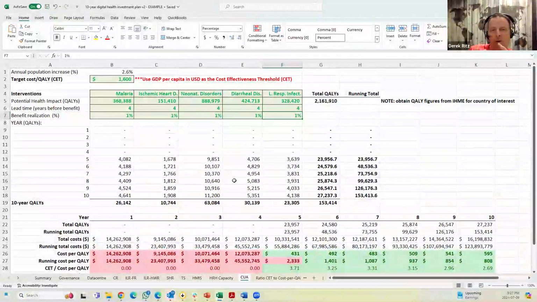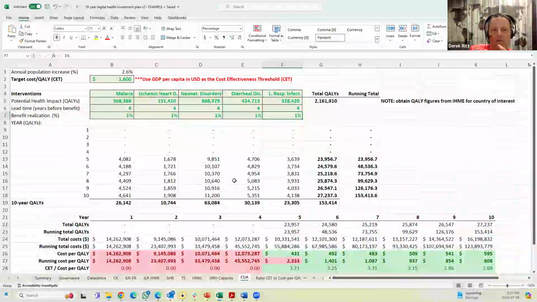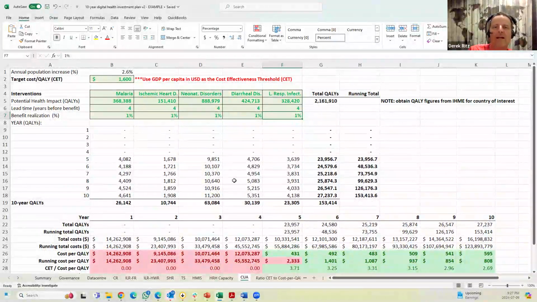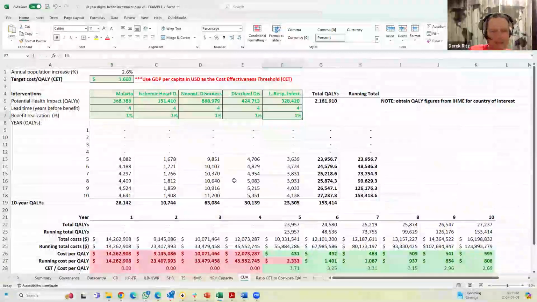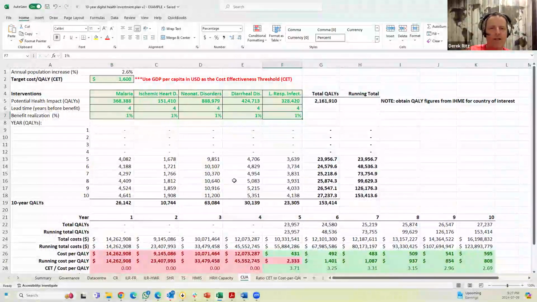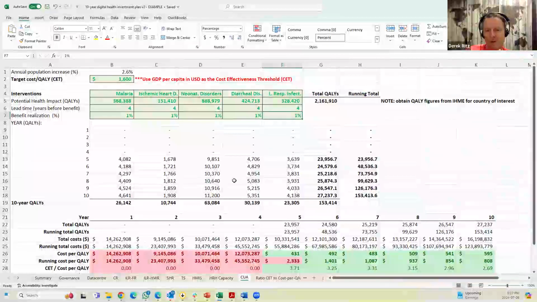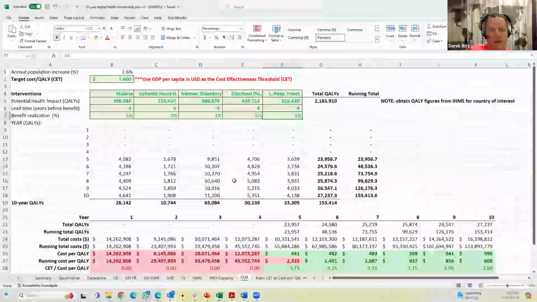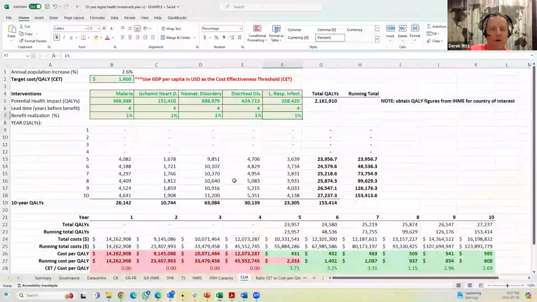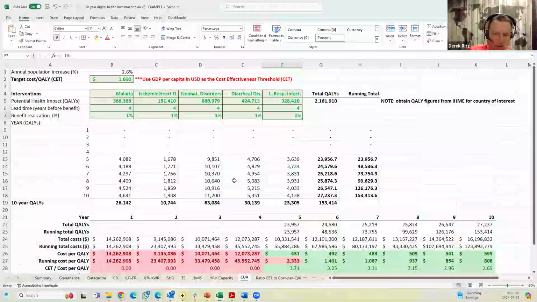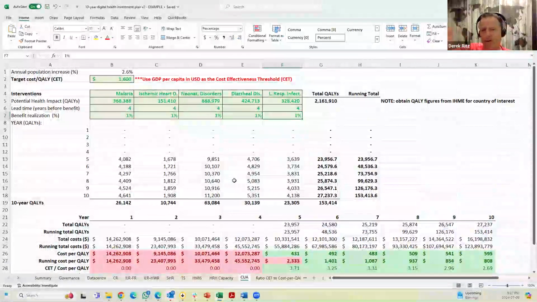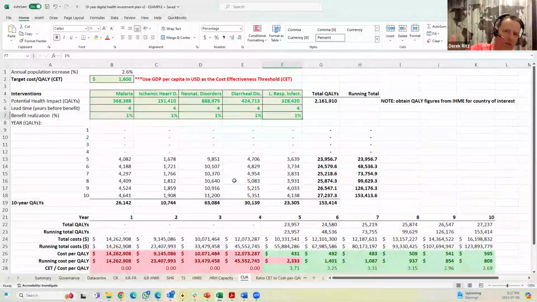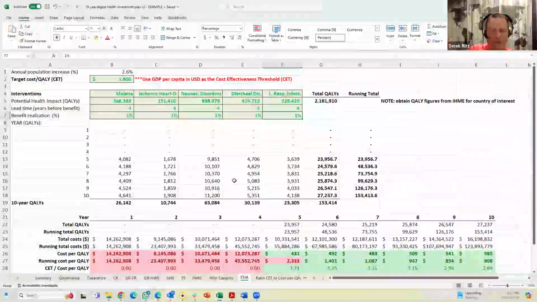If you can get a quality adjusted life year for less than 1 GDP per capita, that's a great buy. And what we're actually establishing here is the cost effectiveness threshold. When is this worth it? And we would say it's worth it when it's 1 GDP per capita or less in terms of our cost. So if we're averting a DALY for less than 1 GDP per capita, that's a great buy.